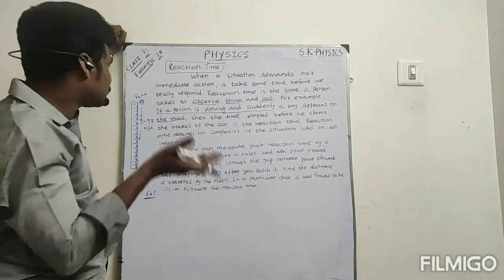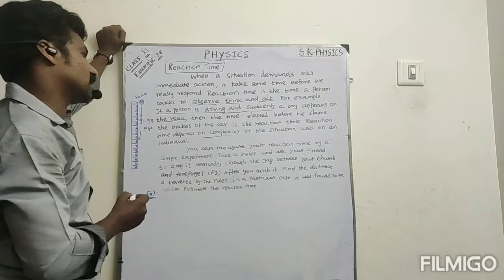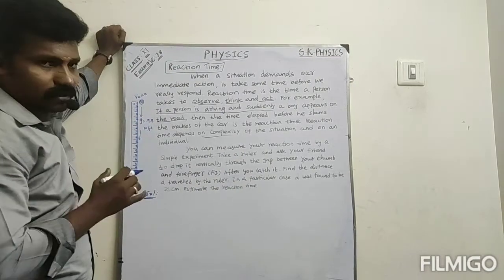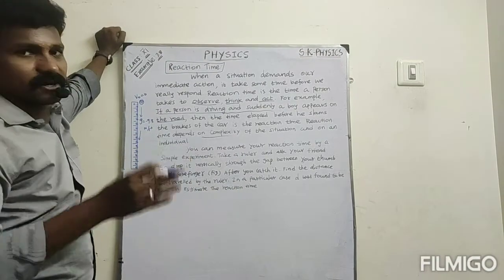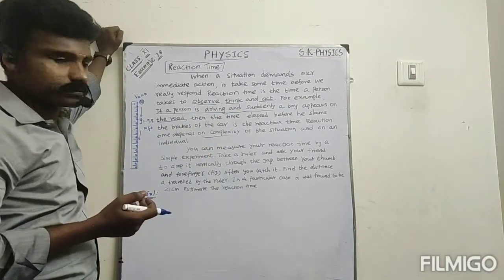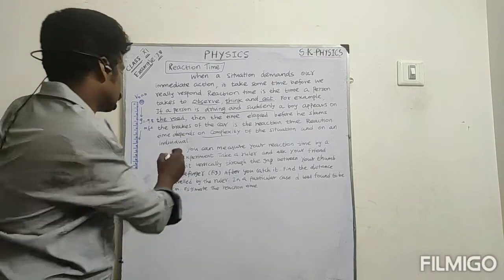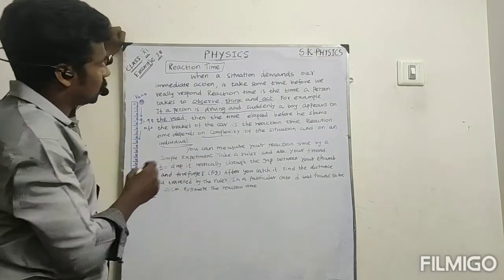This means that the reaction time depends upon the complexity of the situation and on the individual. So person to person it will be variable. That is what they are saying, it is individually variable.